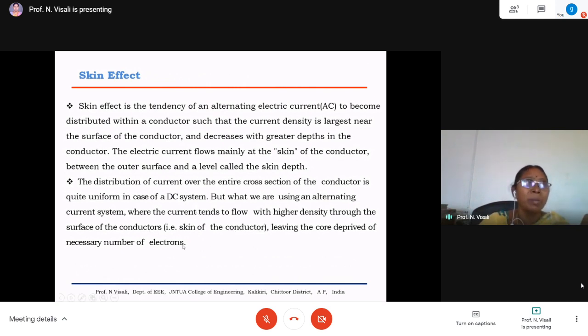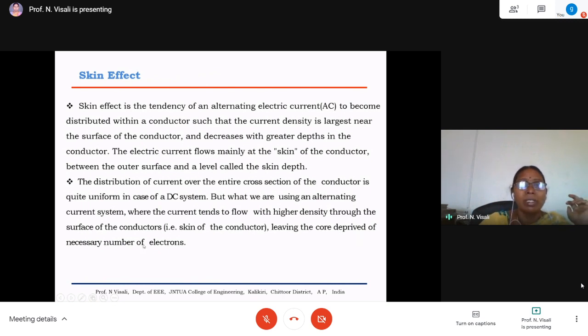Non-uniform means at the center point the current density is small, and at the outer surface the density of the current is more. The distribution of current over the entire cross section of the conductor is quite uniform in a DC system. But in an alternating current system, the current tends to flow with higher density through the outer part of the conductor, leaving the core deprived of the necessary number of electrons.